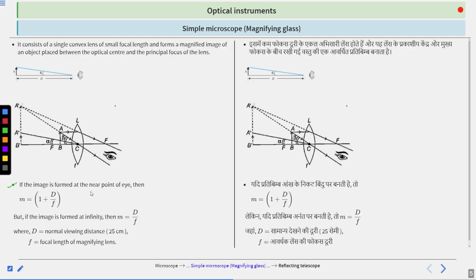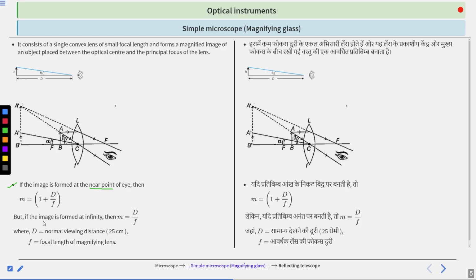If the image is formed at the near point of the eye, suppose A prime B prime is the image here, then the formula for the magnification is m equal to 1 plus D by f. Where m is the magnifying power.